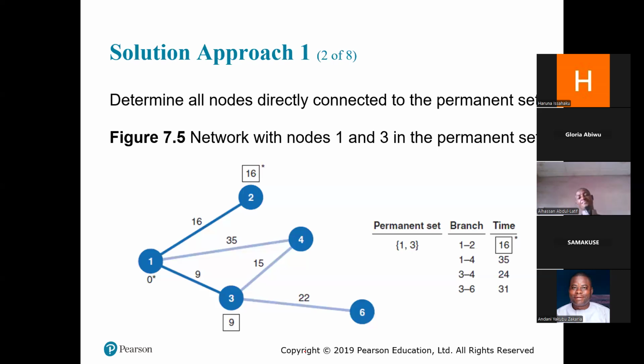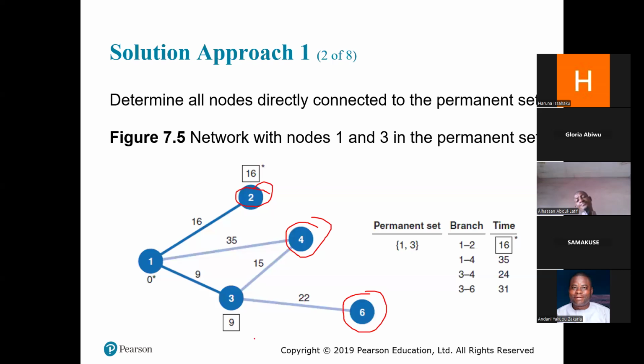Okay, so you look at what are the nodes connected to 1 and 3, and you see that those connected to 1 and 3 are 2, 4, and then 6. So if you look at them, which of them has the shortest distance from 1? Among node 2, 4, and 6, which one has the shortest distance?